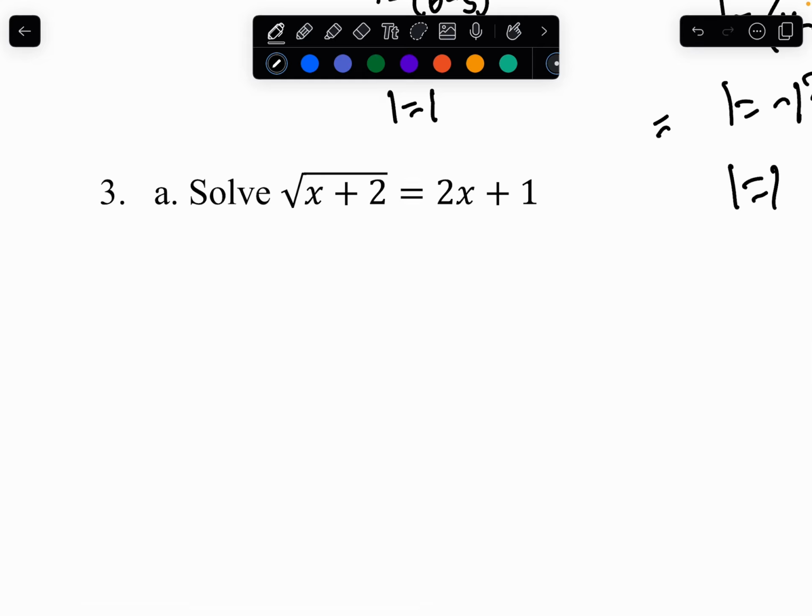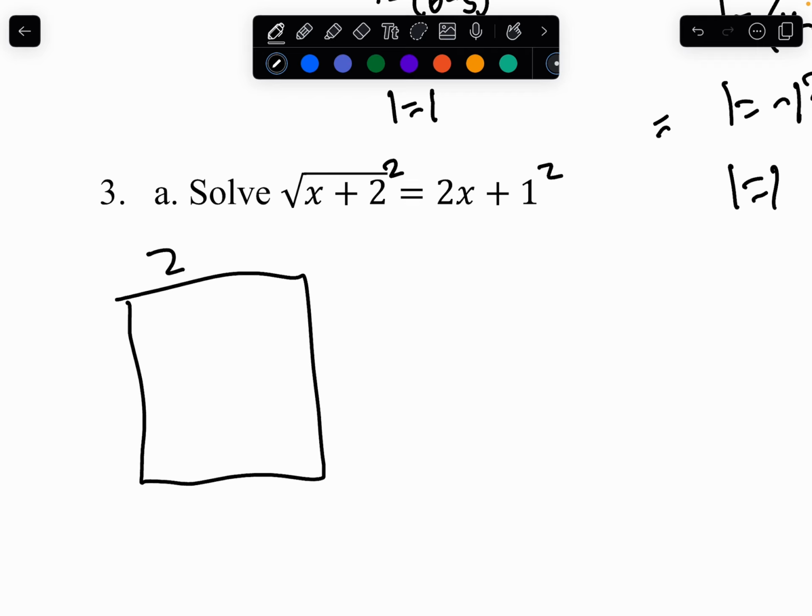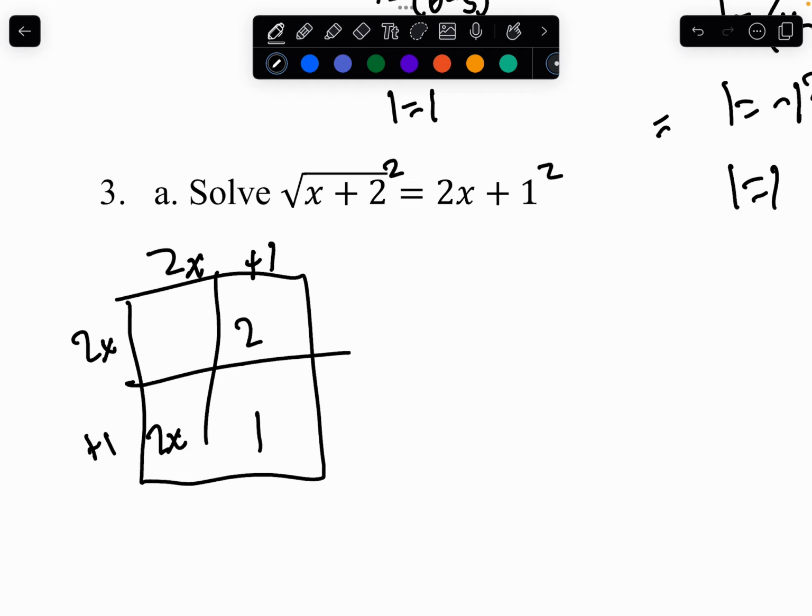The next problem is 3. Solve the square root of x plus 2 equals 2x plus 1. So first we're going to square both sides. And now I'll do the box to multiply 2x plus 1 by 2x plus 1. 1 times 1 is 1, 2x, 2x, and 4x squared.